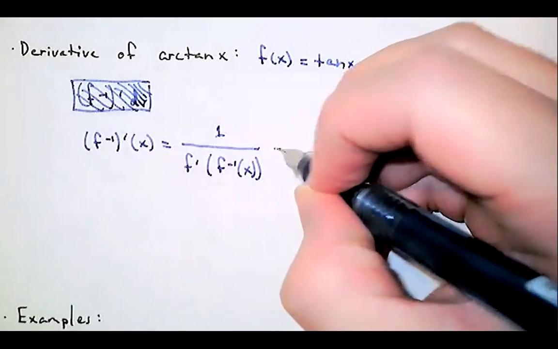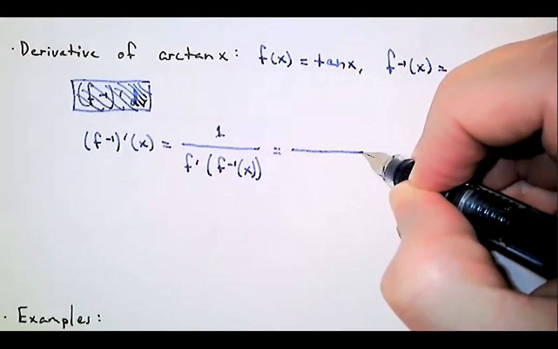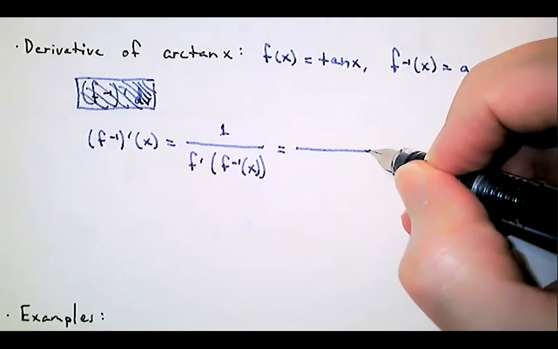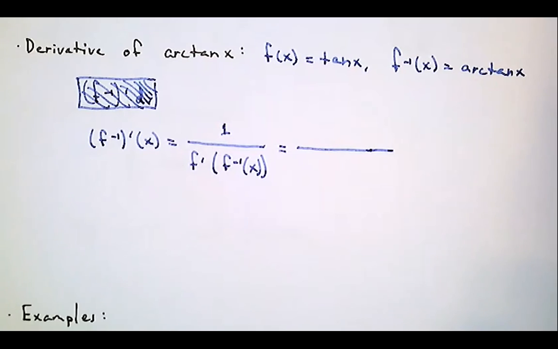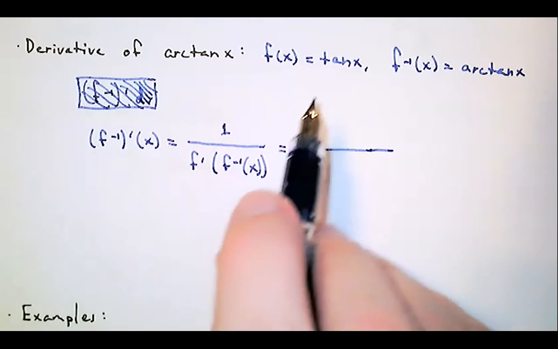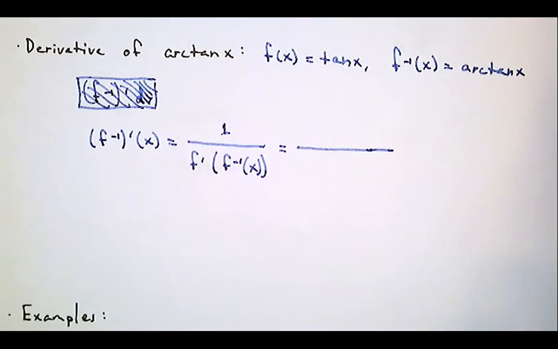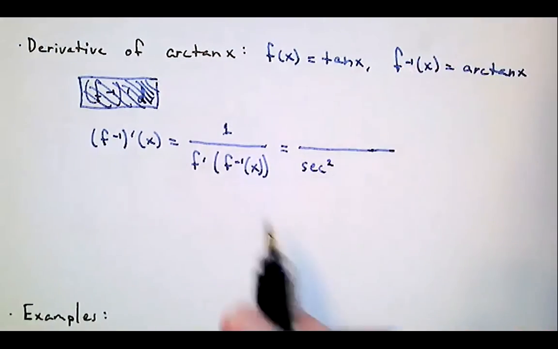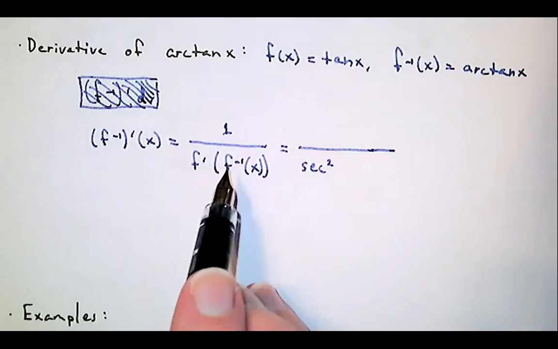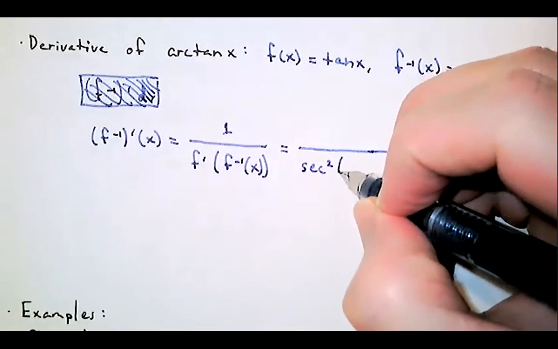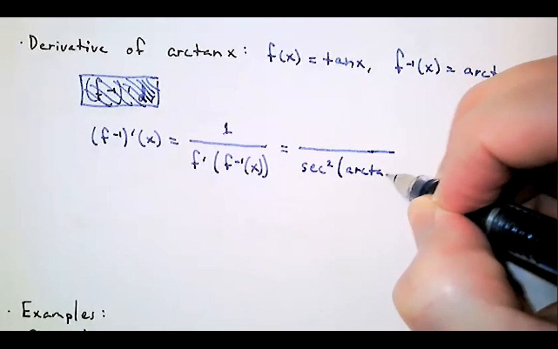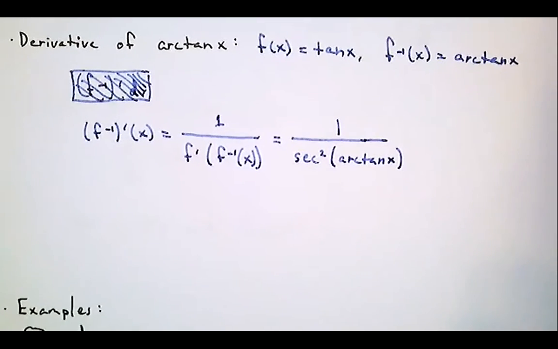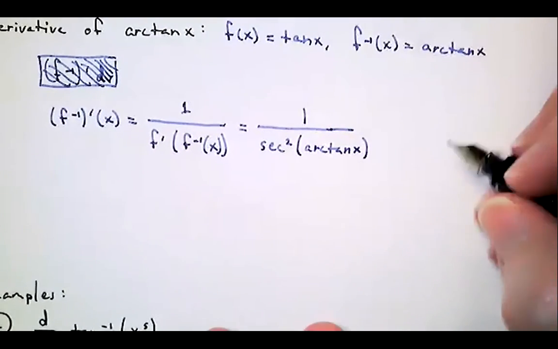So what is the derivative of tangent? Someone? Secant squared, right? So we're going to be plugging arctangent into secant squared. And just like last time, I want to use one of the Pythagorean identities.